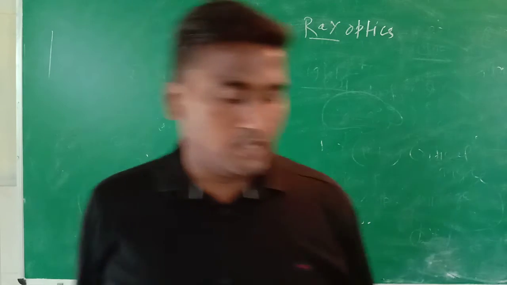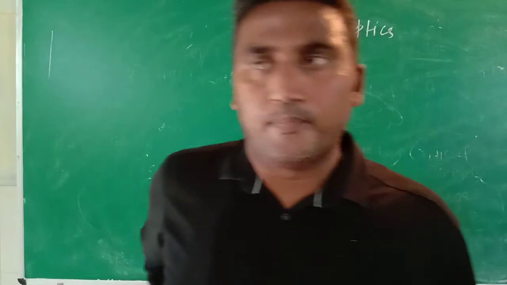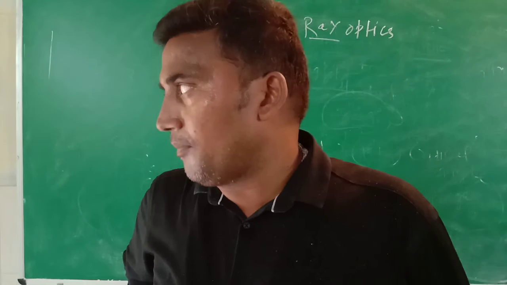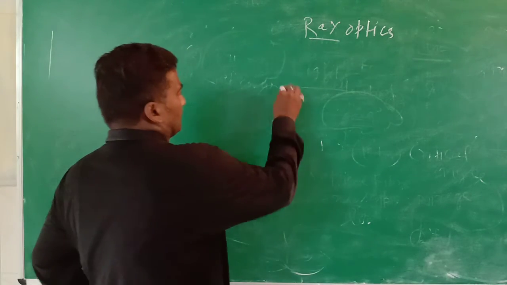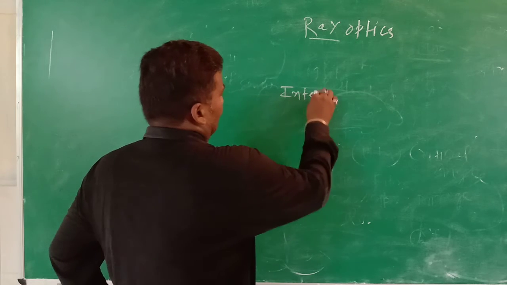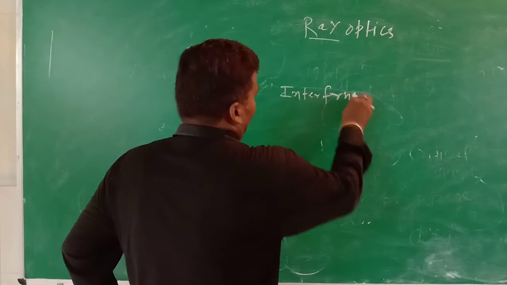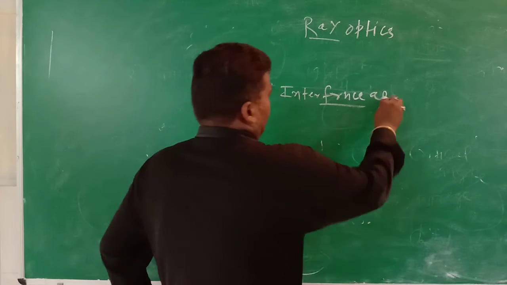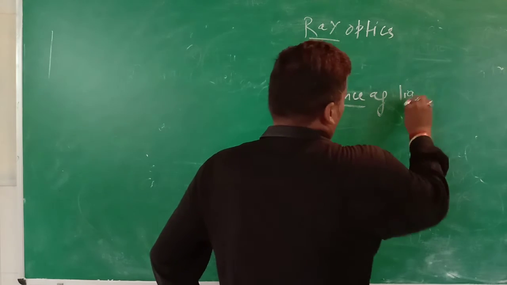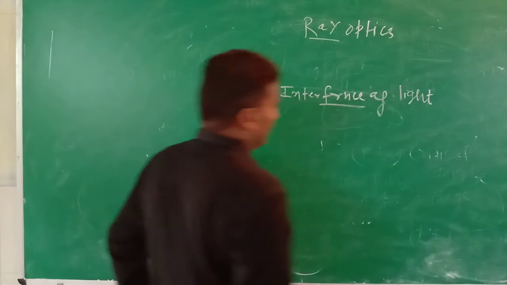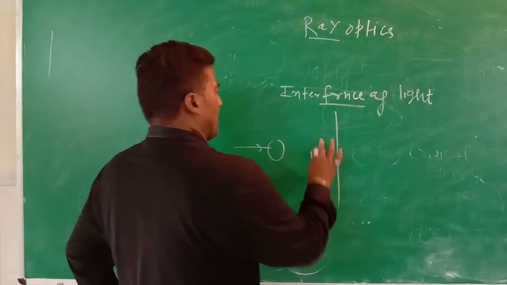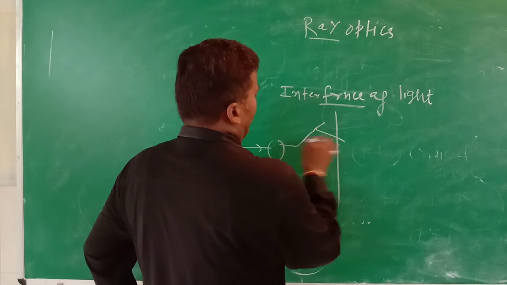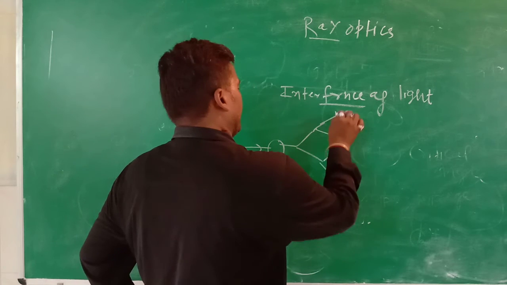First is interference of light. When a ray of light passes through a small hole or point, it is scattered in different directions at the screen.